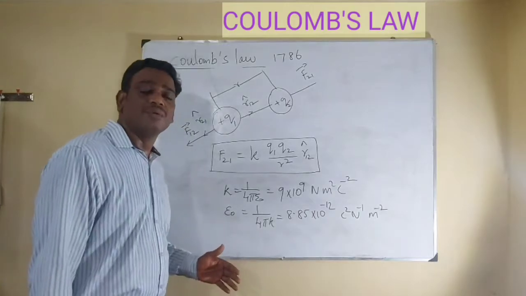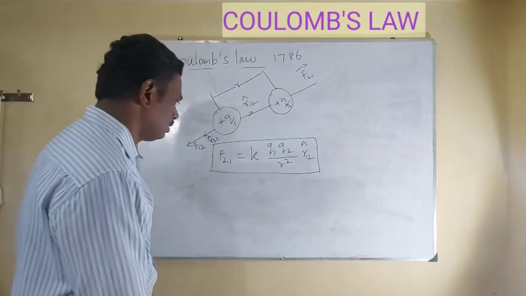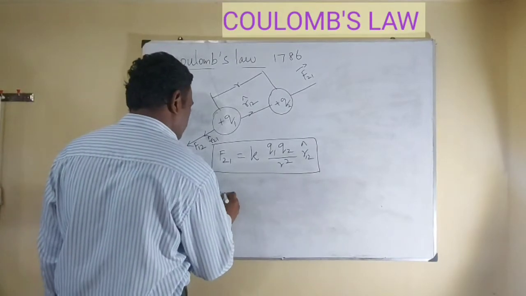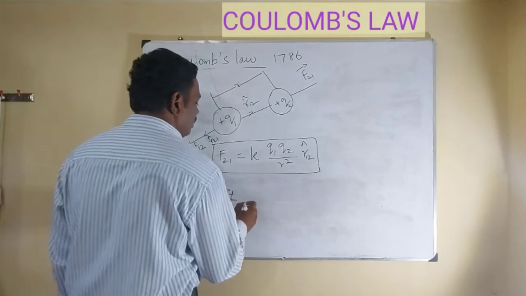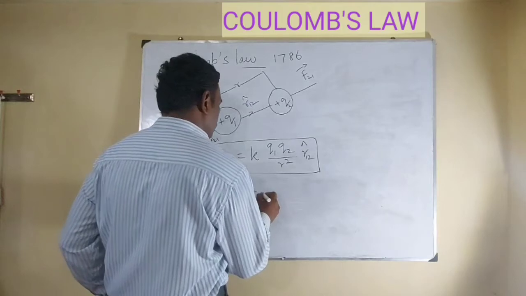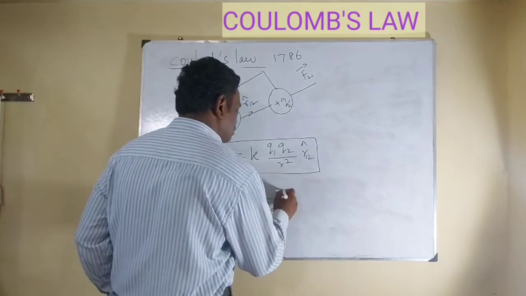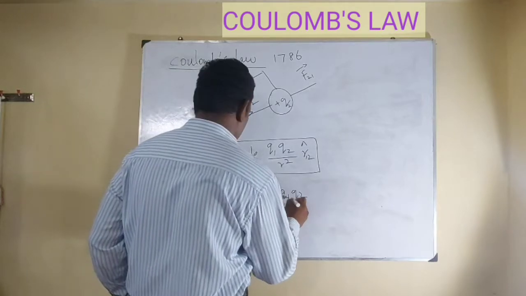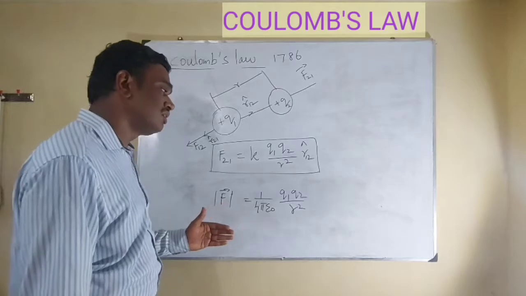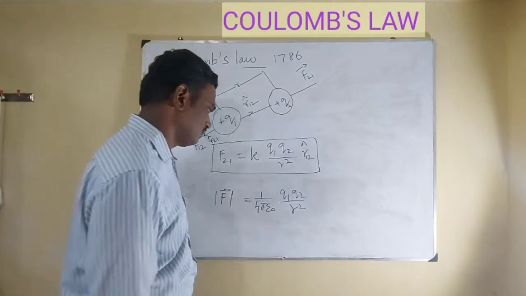Okay, next we are going to discuss the magnitude of the force. The magnitude of the force F vector is equal to 1 by 4 pi epsilon naught q1 q2 by r square. In this case, I am going to consider the charges at a distance of 1 meter.